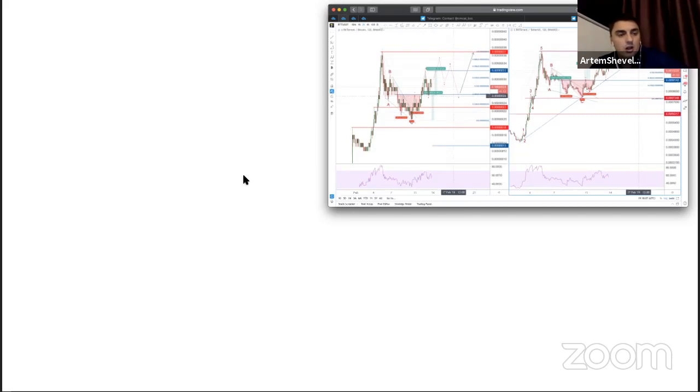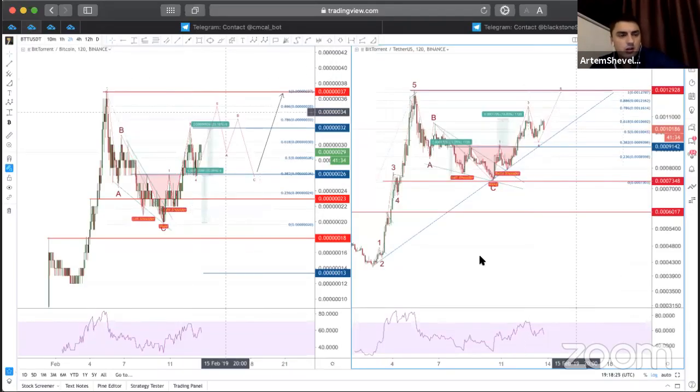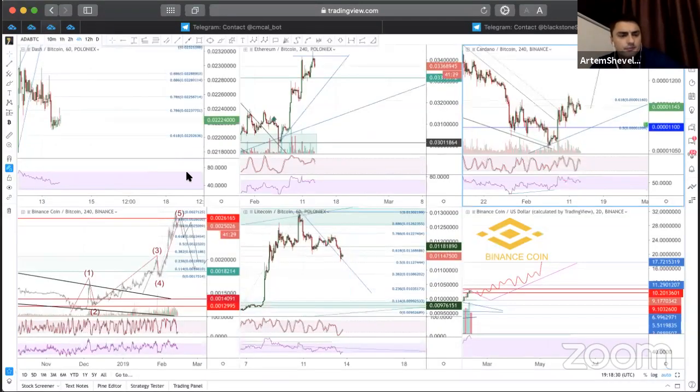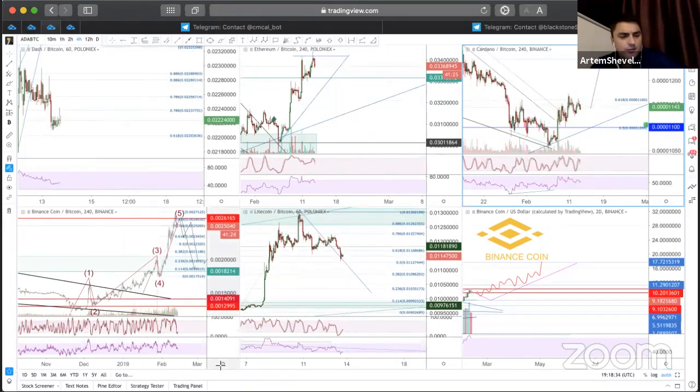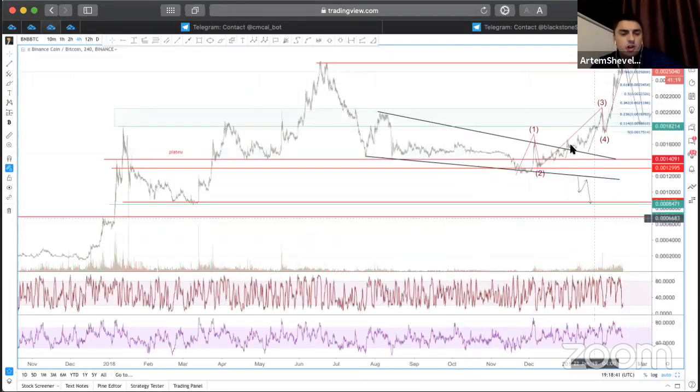Okay, let's go next. Let's go check other stuff on the market. Let's check Binance Coin. Let's start from the Binance Coin BTC chart, then we're gonna move to the Binance Coin USD chart.